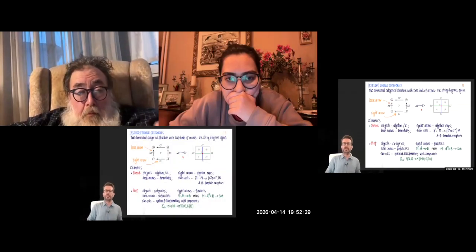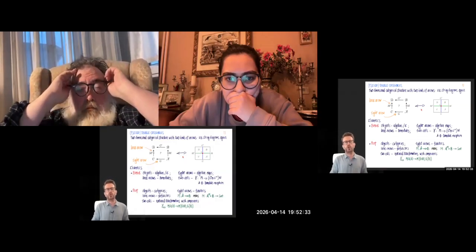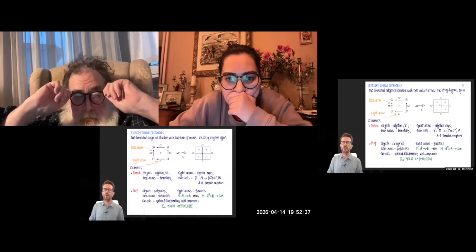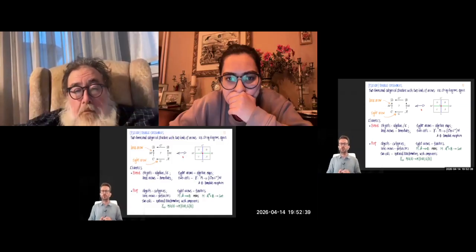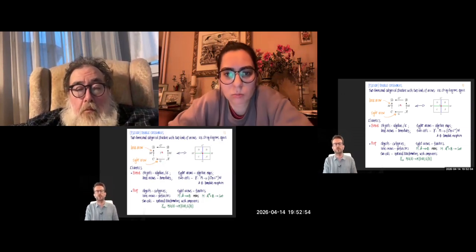This involves double categories. Double categories are another 2-dimensional categorical structure, and here we've got 2 kinds of arrows, and we're going to use string diagrams again. I'm going to call my 2 kinds of arrows loose arrows and tight arrows, rather than vertical and horizontal, because people use different conventions for vertical and horizontal.